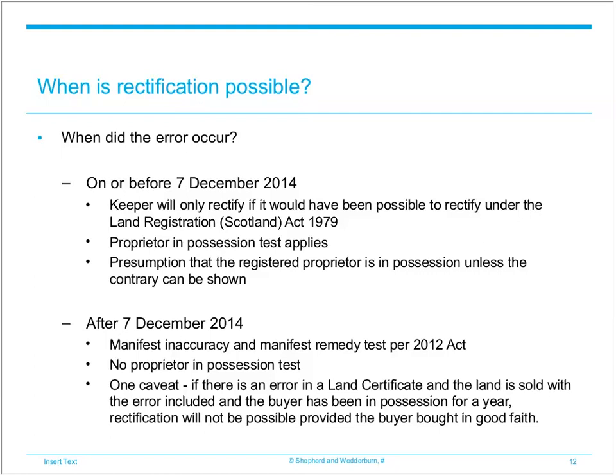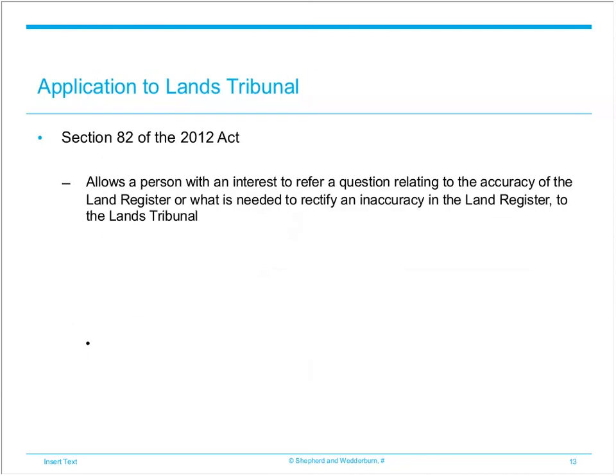One solution may be corrective conveyancing, I'll touch on that in a second, but there's a recent case that may help demonstrate the test in practice, and that's the case of John and Kirsten Higgs against the keeper and Mr. and Mrs. Harris. This was an application under Section 82 of the 2012 Act, which allows a person with an interest to refer a question that relates to the accuracy of the register or what is required to rectify an inaccuracy in the register to the Lands Tribunal.